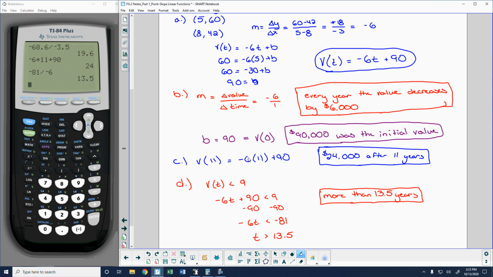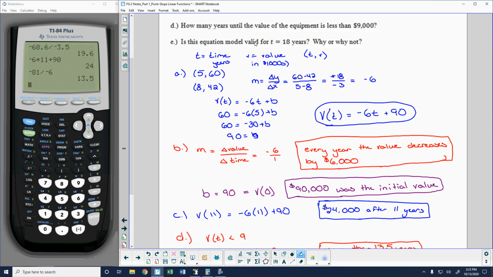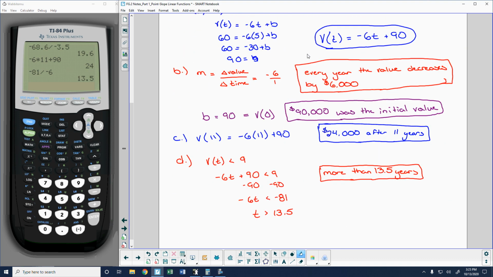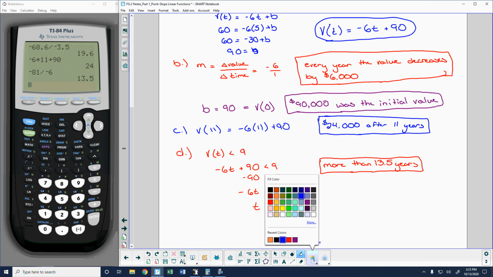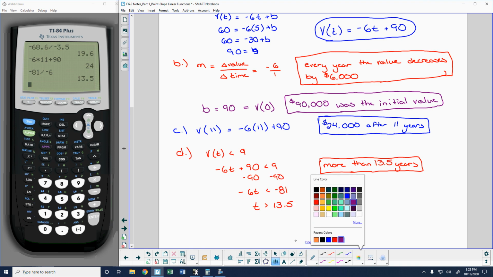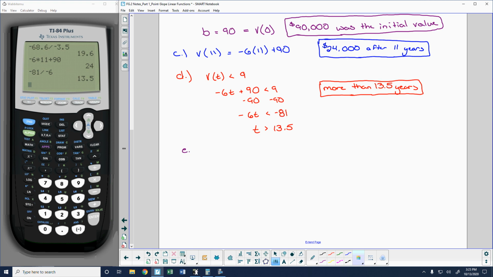Finally, the last question, E, says, is this equation valid for t equals 18 years? Why or why not? Well, let's take a look at what happens when t is 18. If t was 18, that means I'd be looking for v of 18. So I'd take my equation and substitute in for t. Negative 6 times 18 plus 90.